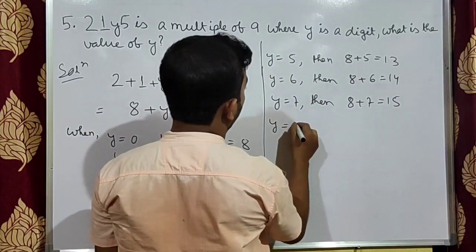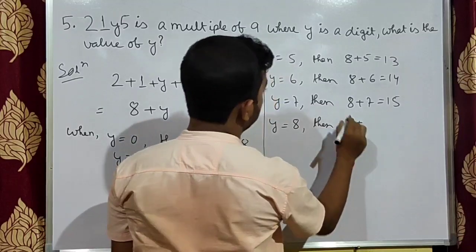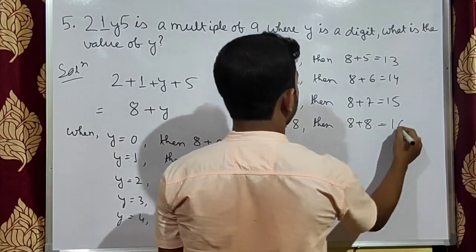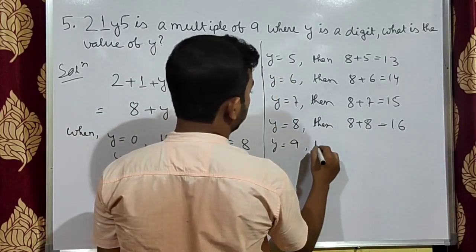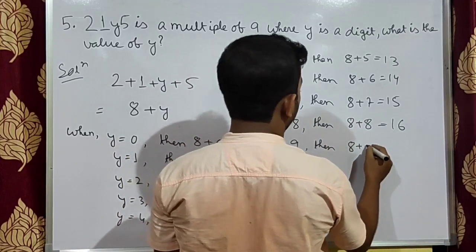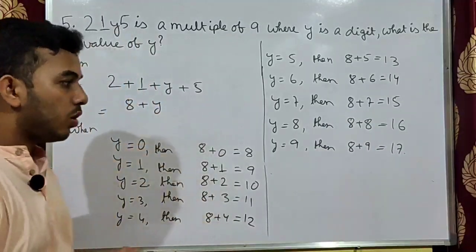Next, when y equals 8, then 8 plus 8 equals 16. When y equals 9, then 8 plus 9 equals 17. Up to this clear?